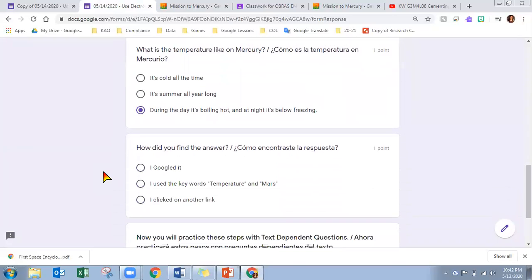Now, the next question asks, how did you find the answer? What text features did I use? Where did I find the information? I Googled it. Where it says, I used the keywords temperature and Mars, or I clicked on another link.